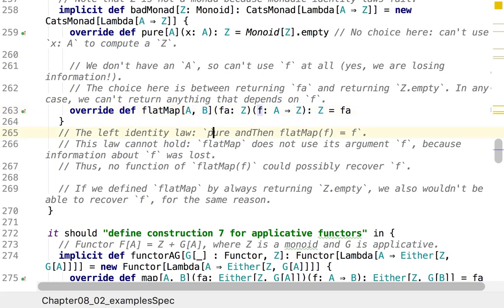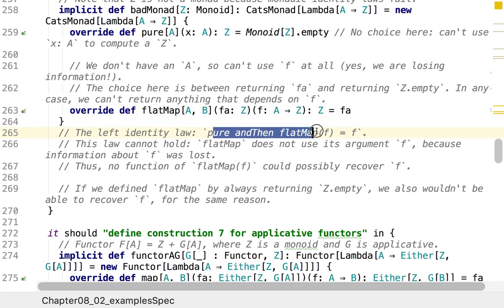Now, the left identity law for monad is this, which is a flat map with f, which is applied to pure, should be f. But flat map loses all information about f, as we have just seen. So this can't possibly recover f.